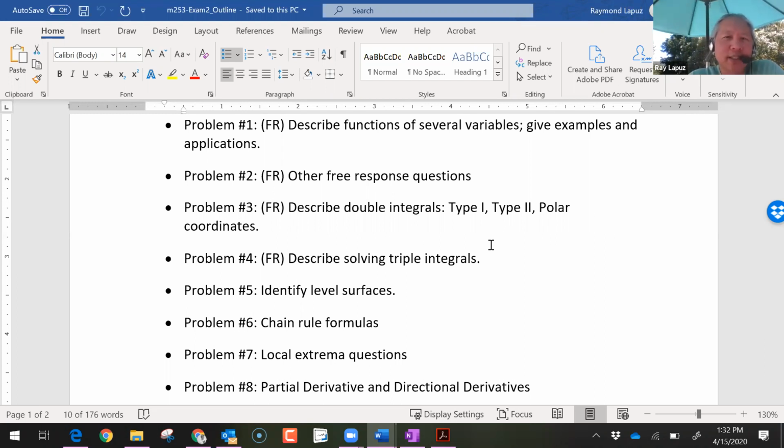Basically, a function of several variables takes several variables as an input and gives a real number output. I think in the answers that they have, they describe how to graph it and stuff like that.